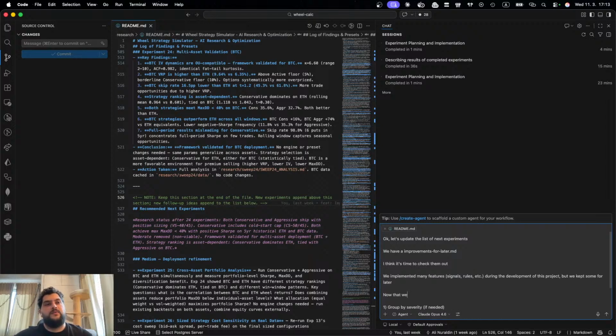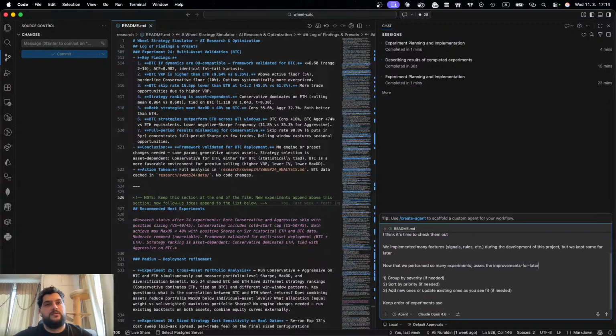Now that we performed so many experiments, assess the improvements for later. What new experiments can be done with them potentially, or maybe some of them are 100% redundant and must be removed.